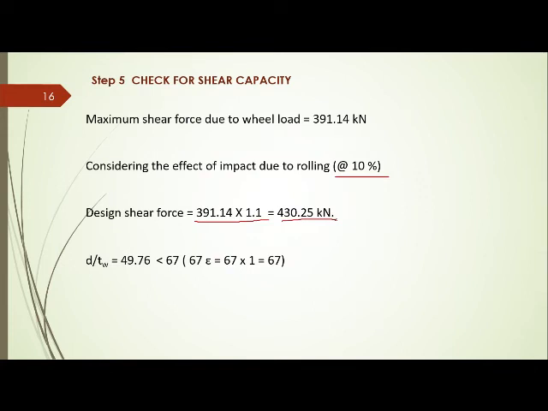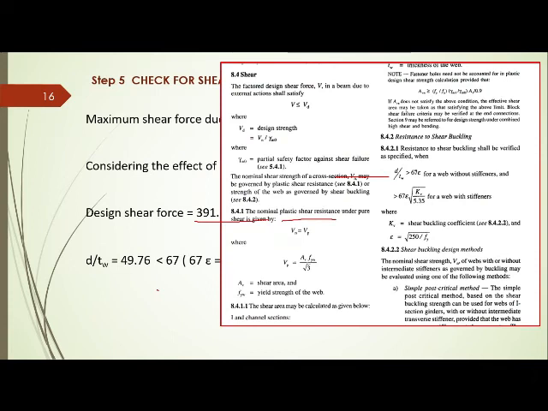Now we have to check the d by tw ratio. There is a total provision here. We may check this. Let us rub out the red marks to see the provisions properly. So this is the provision which is given in IS 800 page 59 clause 8.4.